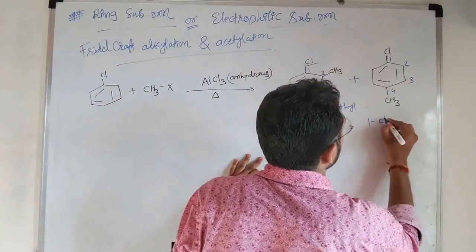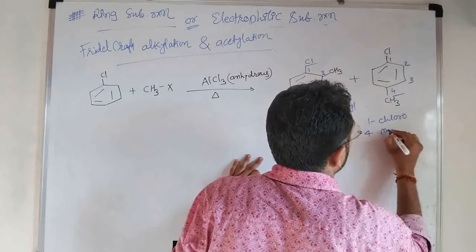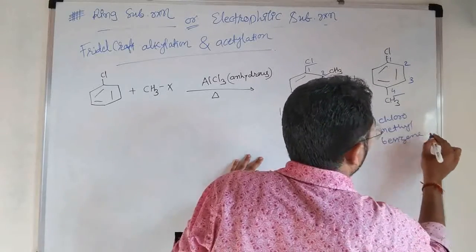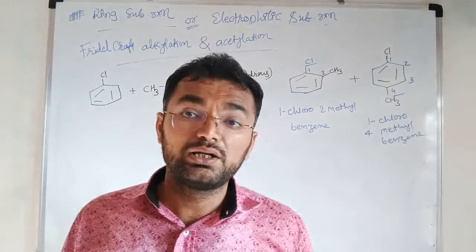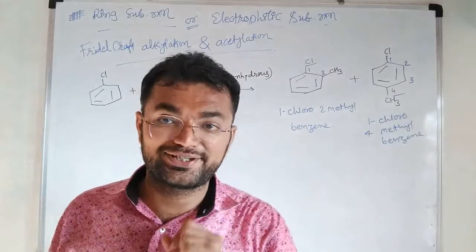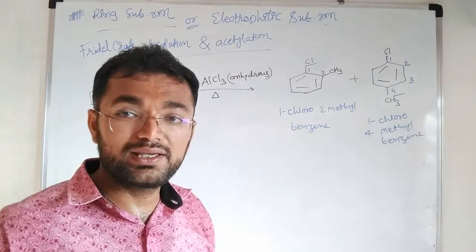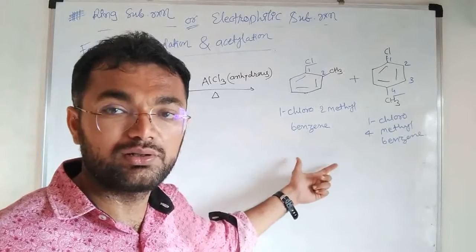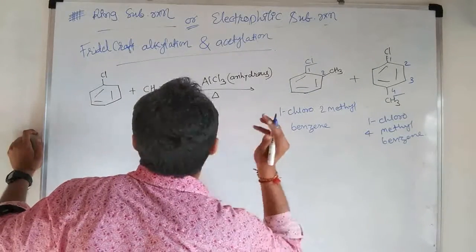Same way, 1-chloro-4-methyl. On the basis of IUPAC nomenclature, first priority goes to the substituent which is alphabetically first. We are already aware of this IUPAC rule.